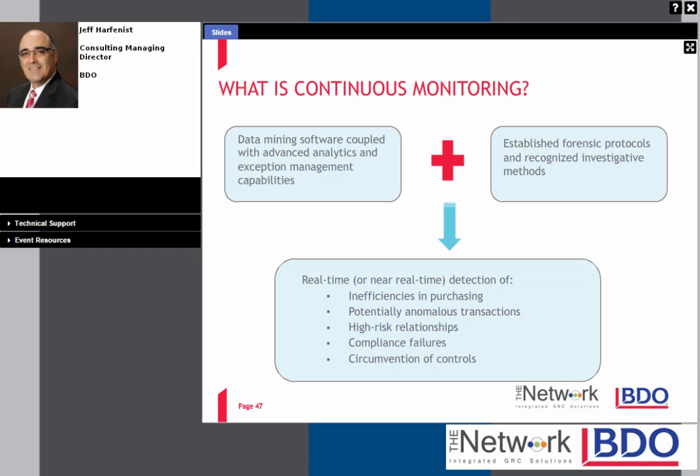When you go through this process, you're going to identify certain types of data that you're not currently capturing that you should be, that will be very helpful in investigating any problems. I'll give you an example. It could be that within your HR system, you're not capturing prior employment information.